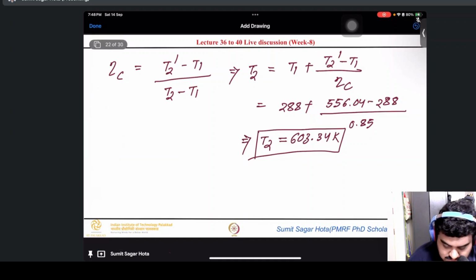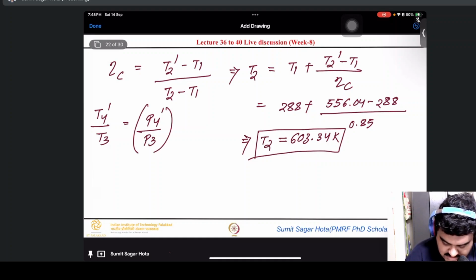So now just apply the isentropic formula again between 4 dash and 3. The real game is here: we don't know the gamma value.